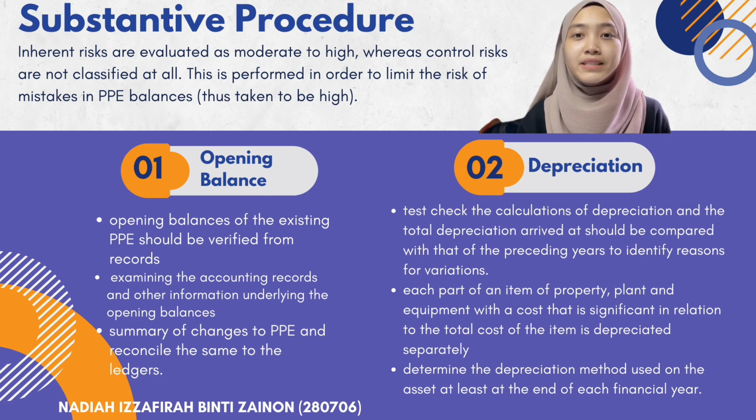Okay, firstly, evidence about the fairness of the opening balance and the ownership of the assets making up the balance must be obtained during the initial audit. When the company was already audited by another auditor, this evidence can be obtained by looking through the working documents from the previous auditor.